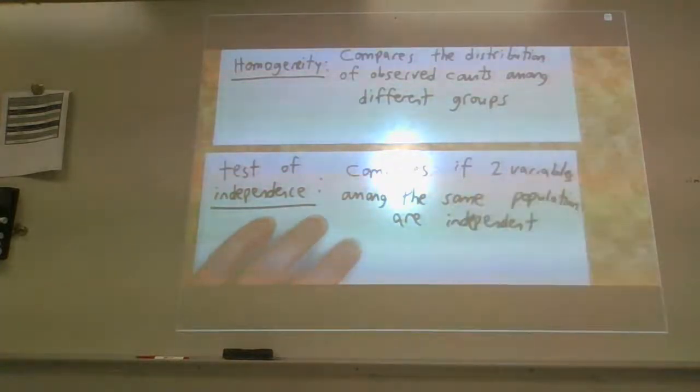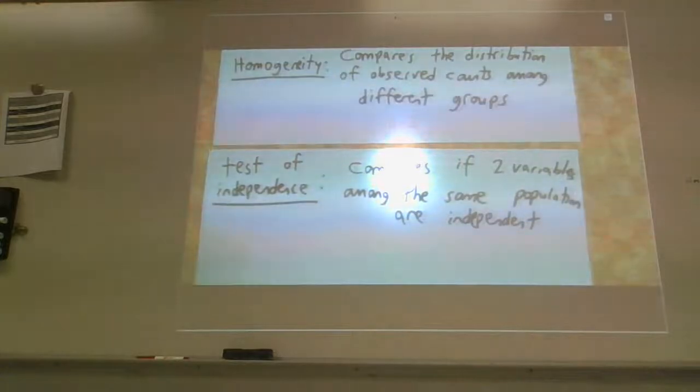The test of independence is trying to determine whether or not 2 variables within the same population are independent of each other. It's different from the homogeneity test, but with very, very similar mechanics. I'm going to focus on the homogeneity test today.